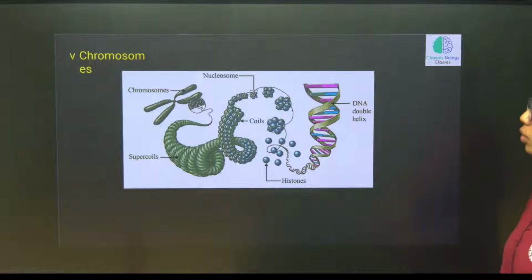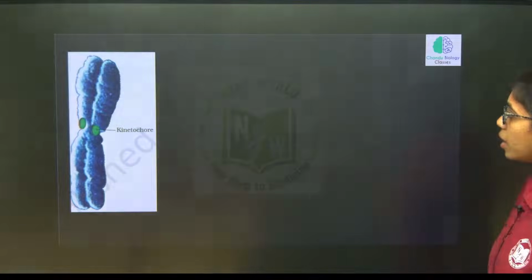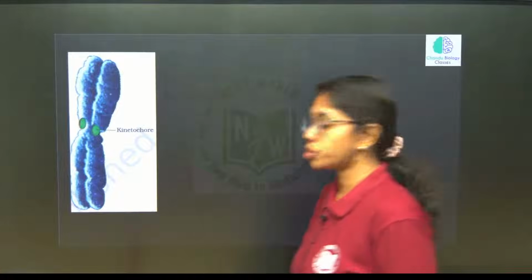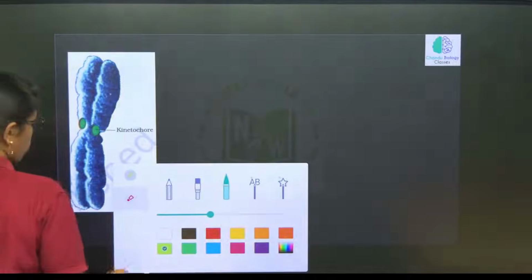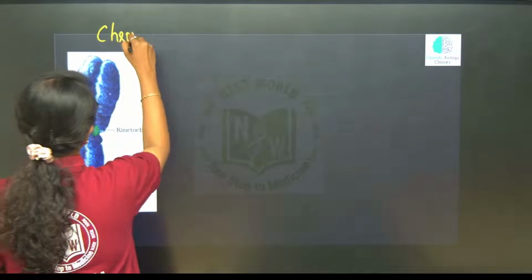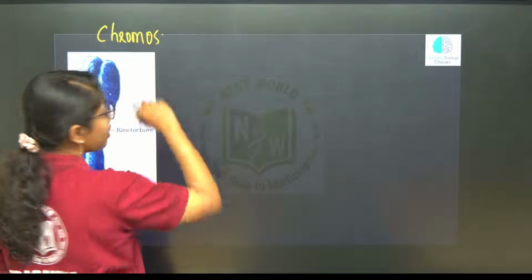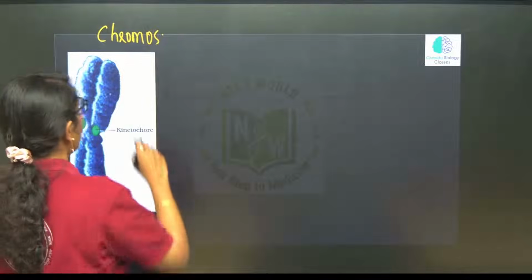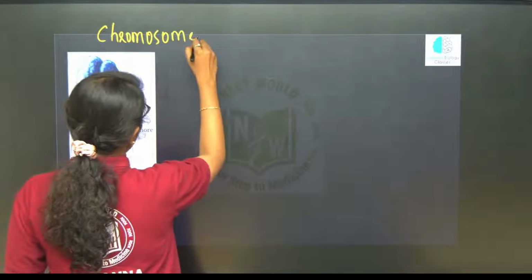Now, we will look into chromosomal packing later. First, we will analyze the chromosome structure clearly. Chromosome structure is clearly visible during which phase of cell division? Most of the times the questions are asked as such.